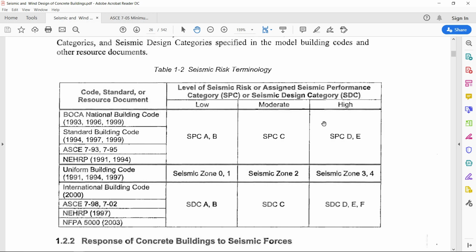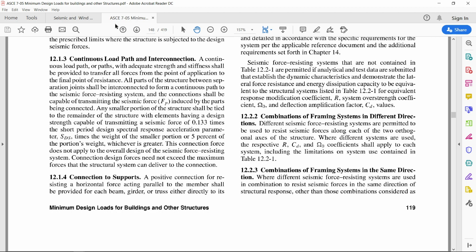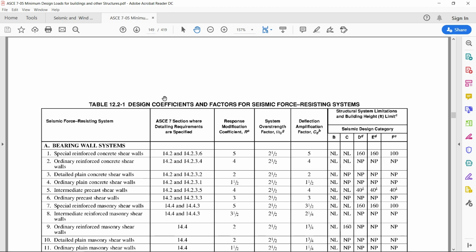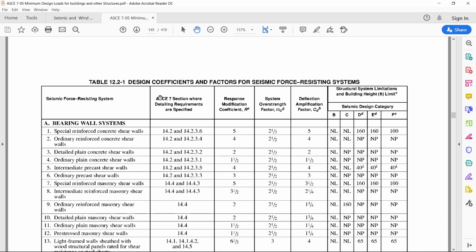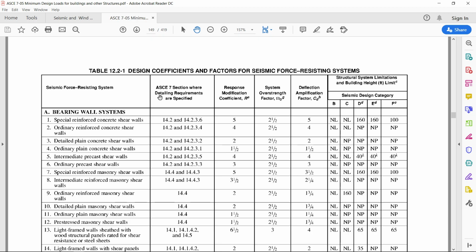Now, this is not going to solve my problem. Another question arises: what is the difference between seismic category A, B, C, D, E and F? What do I have to do? The answer comes from ASCE 7-05. In ASCE 7-05, we have a table, Table 12.2-1.